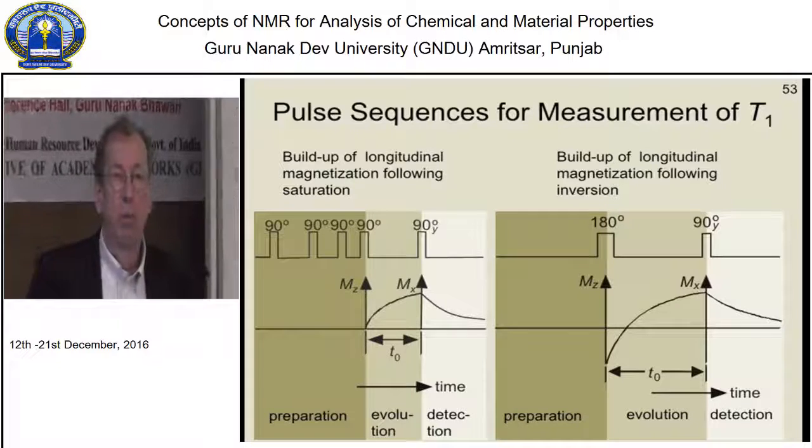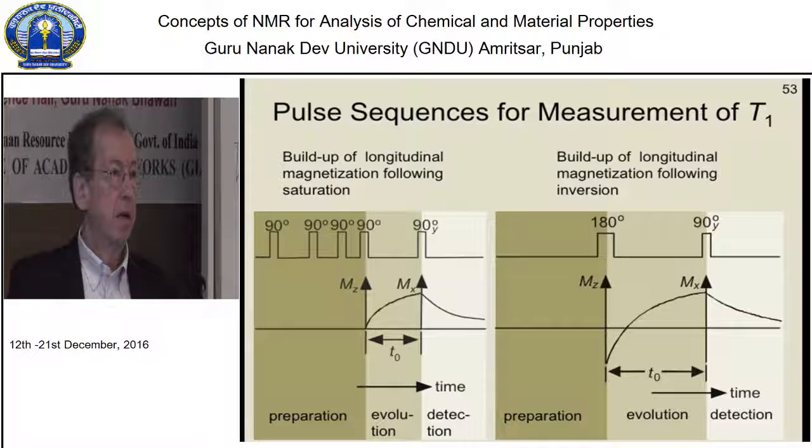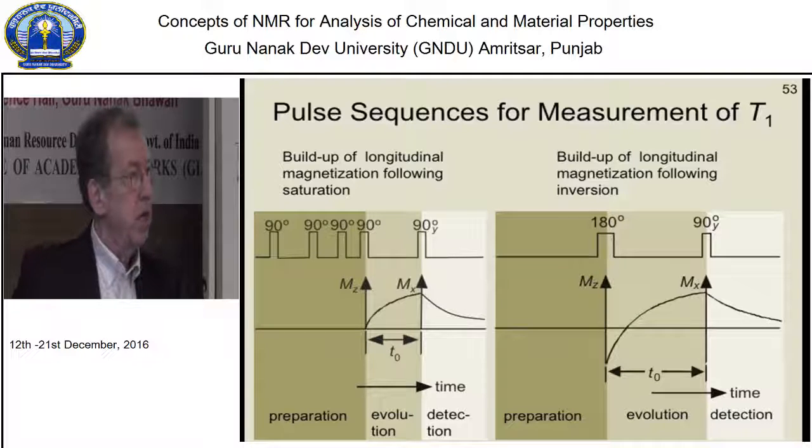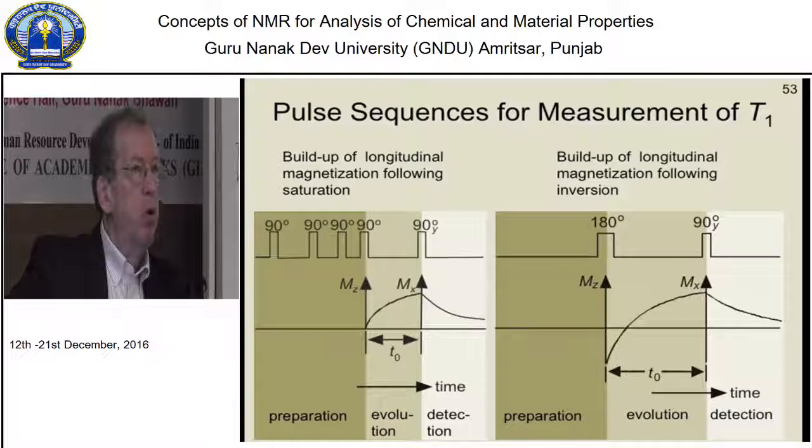And again, you may ask, well, what did I learn from doing that? And the answer is the same as with T2. There's a slightly different theory behind it. You also learn about molecular motion, but on different time scales than T2. With T2, you're particularly sensitive to slow motion, and with T1, you're sensitive to faster motion. So they're complementary, and they're not exactly the same.